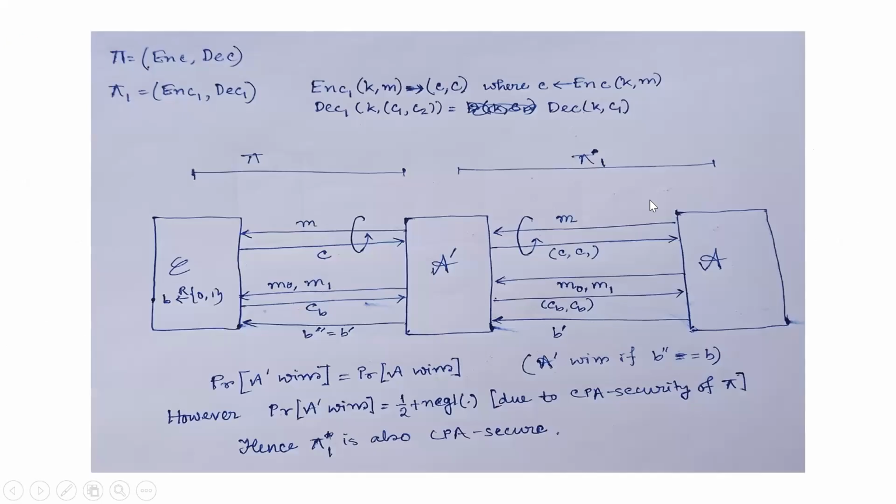Now using that, let us denote this modified encryption scheme, the first construction, with pi1 and our basic scheme as pi. So pi is given as an authenticated encryption scheme, and we will analyze the CPA security of pi1. Okay. Now let us first assume, what if pi1 is not CPA secure?